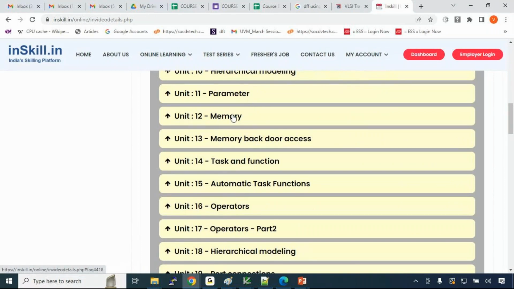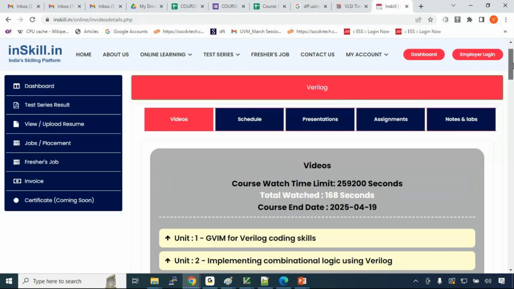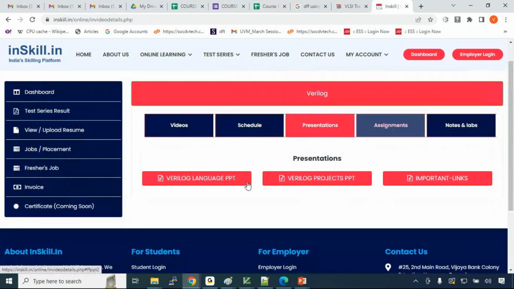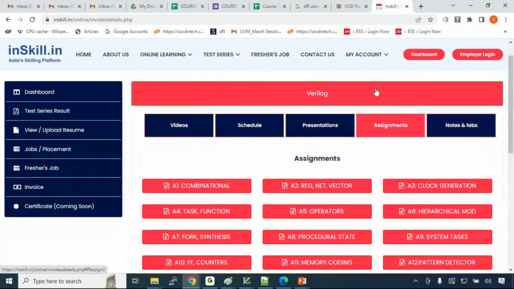Parameter is one topic, memory is one topic, memory backdoor access is one topic. This kind of split you don't get in the live videos, right? If I give you a 4 hour video, it's a 4 hour video, no content, nothing. So that advantage you get in the e-learning, of course. You get all the materials here, schedule, the presentations, assignments, everything you can get here.